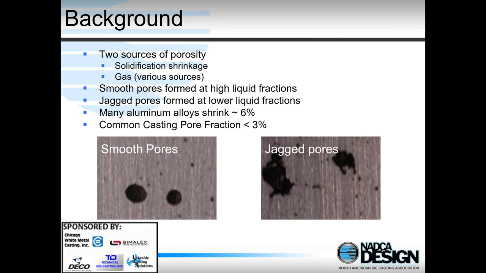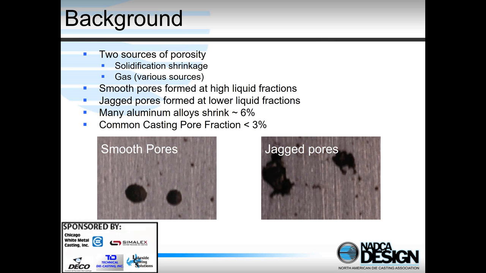And so many other types of defects in die casting can also be related to these types of porosity formation. So for example, if we get leakers or hot tears or surface sink, these are often related to shrinkage porosity. If we get non-fills or laps, these are often related to the filling of the casting, and the problem can be related to gas entrapment.